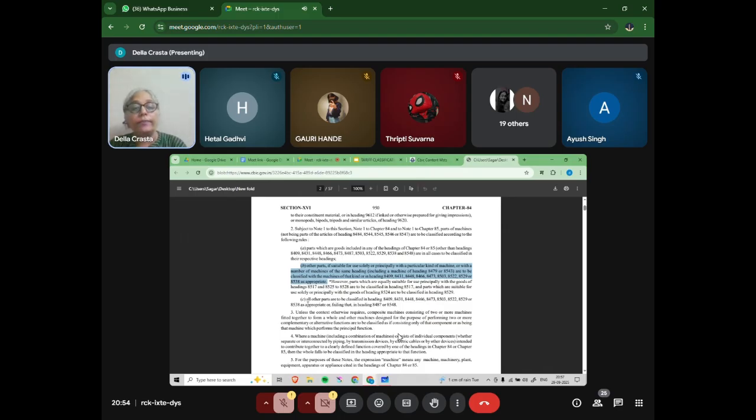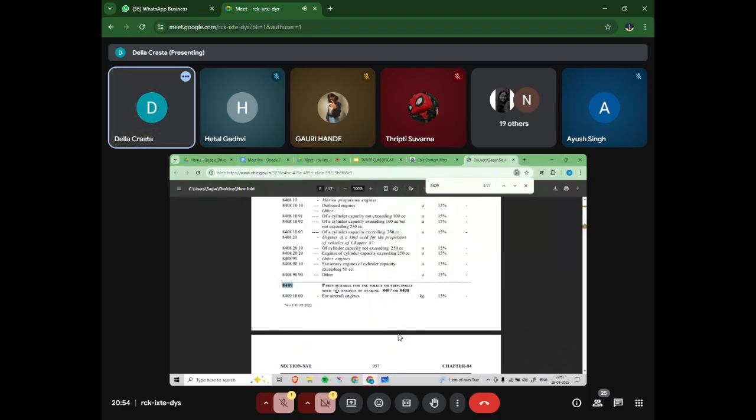Now, if you see 8409, if you check, it covers parts suitable for use solely or principally with the engines of heading 8407 or 8408.